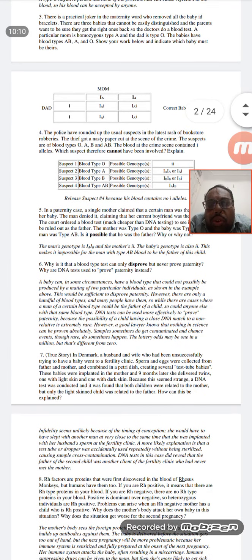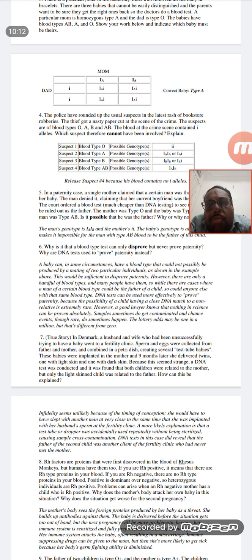Next one, fourth question. I will be explaining only the important ones; other things I will not explain. You have to go through them because all the answers are given here. Fourth question: the police has rounded up the usual suspects in the latest rash of bookstore robberies. The thief got a nasty paper cut at the scene of the crime.